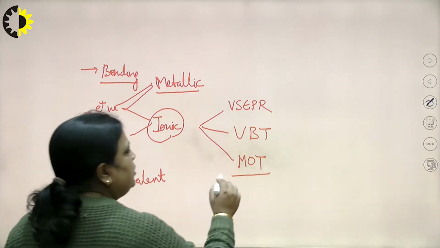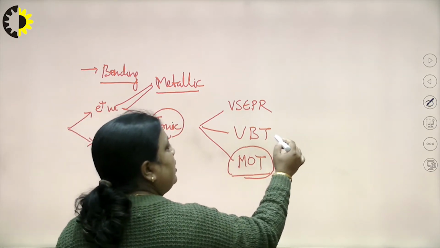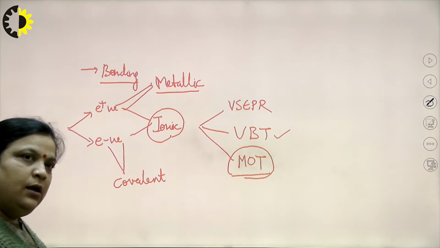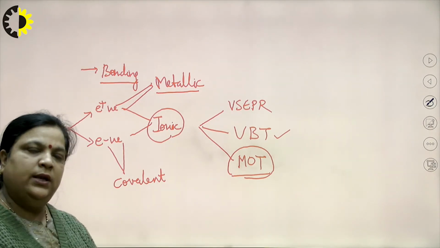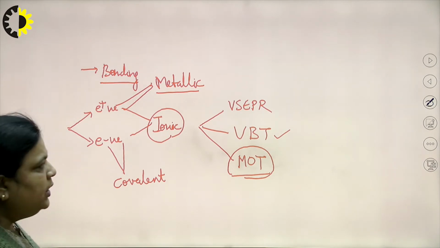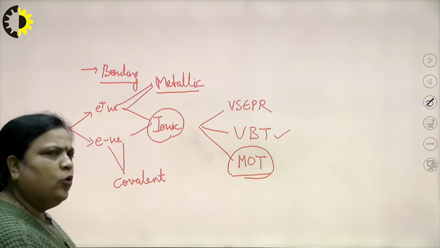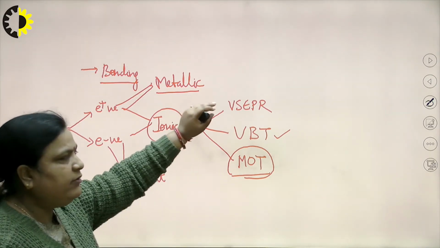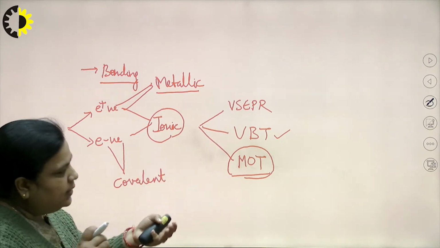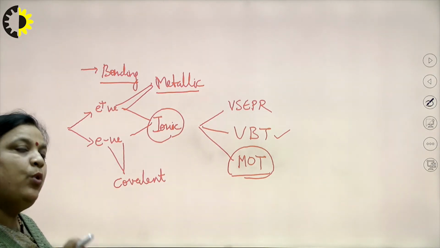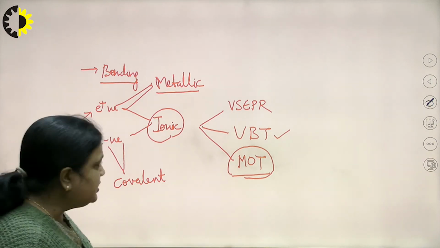To get to molecular orbital theory, we should know the drawbacks of VBT, or we can say its limitations. VSEPR theory was totally based on lone pair and bond pair. So leave it, because it is not in your syllabus. Let us start with the basic concepts of VBT and why molecular orbital theory was discovered.